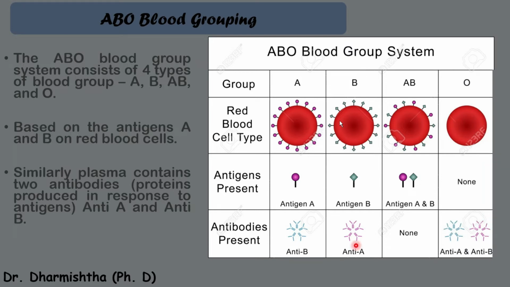In the O blood group, O means zero, so no antigens, and both antibodies are present in the plasma. Remember that antigens are on the surface of RBC and antibodies are always in the plasma.